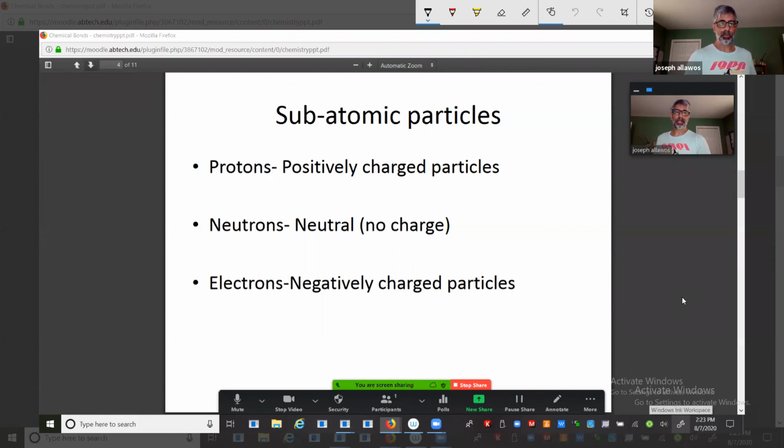Well, all atoms are made up of these three subatomic particles. Protons, it turns out, are positively charged particles. Neutrons are neutral, they have no charge, and electrons are negatively charged particles. So protons, neutrons, and electrons make up all atoms.